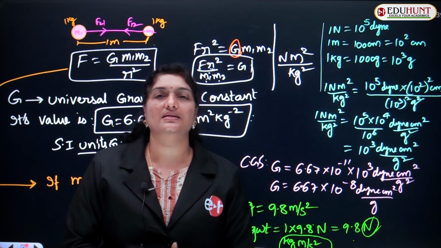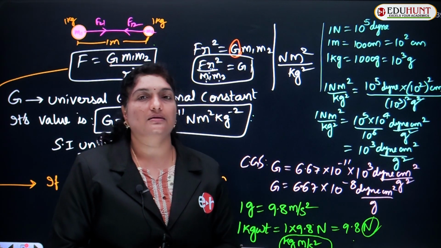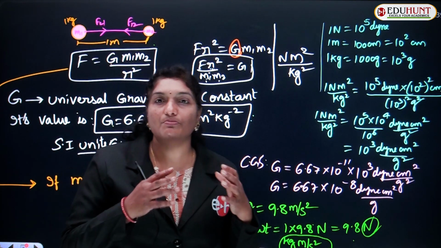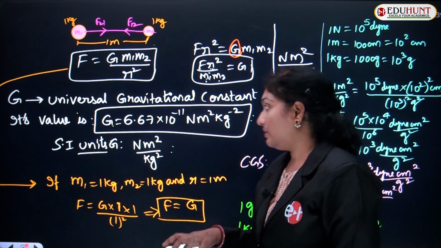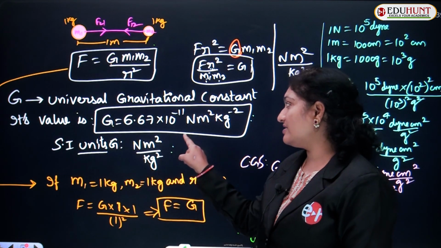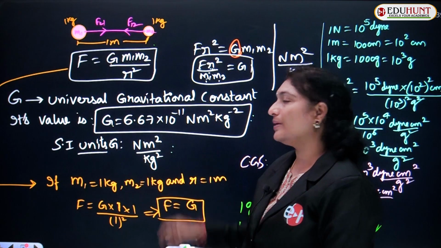We have many basic forces in nature: weak nuclear force, strong nuclear force, gravitational force, magnetic force, electrostatic force and so on. Among all of them, gravitational force is considered the weakest force because its value is very small.